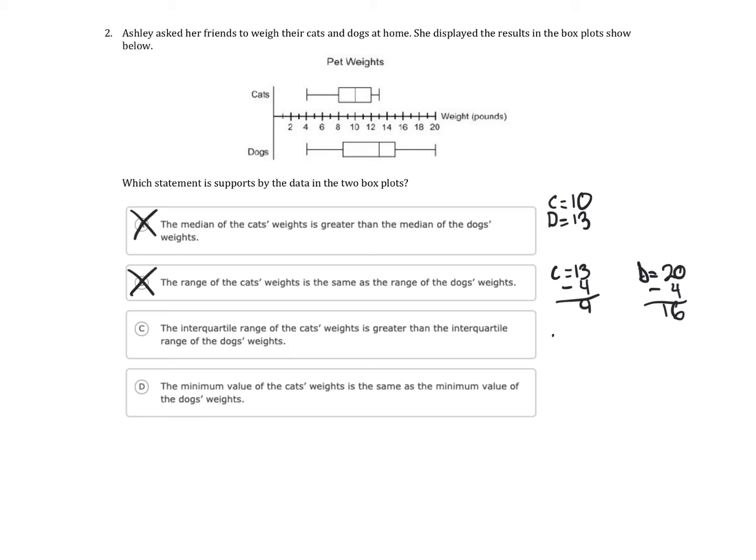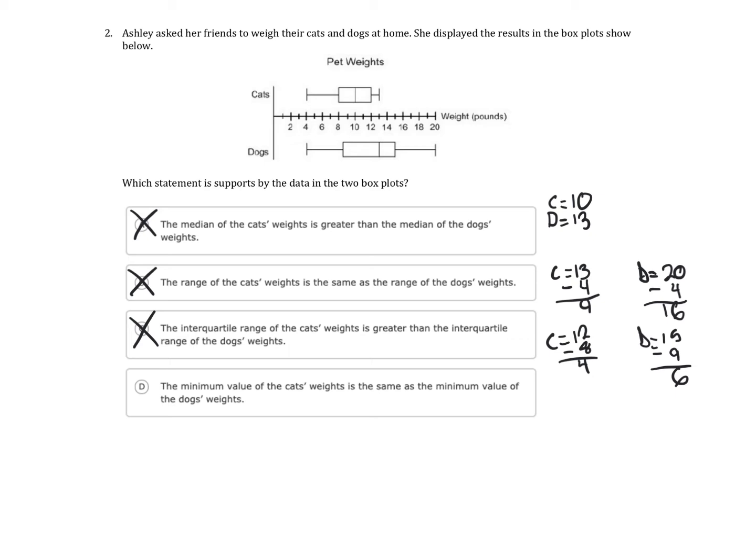So for cats, we would do 12 minus 8, which gives us 4. And for dogs, we would do 15 minus 9 to give us 6. So this says the interquartile range of the cat's weight is greater. Here we just found out dogs is greater. So C would not be our answer.